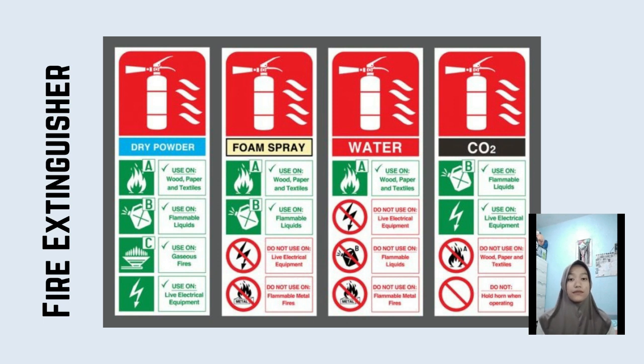Used on fires involving wood, plastic, textile, or paper. Number three, dry powder type extinguisher. It utilizes chemicals to absorb heat or prevent heat from transferring from the fuel surface to the air. Used on most fires, including flammable liquids or electrical fires.